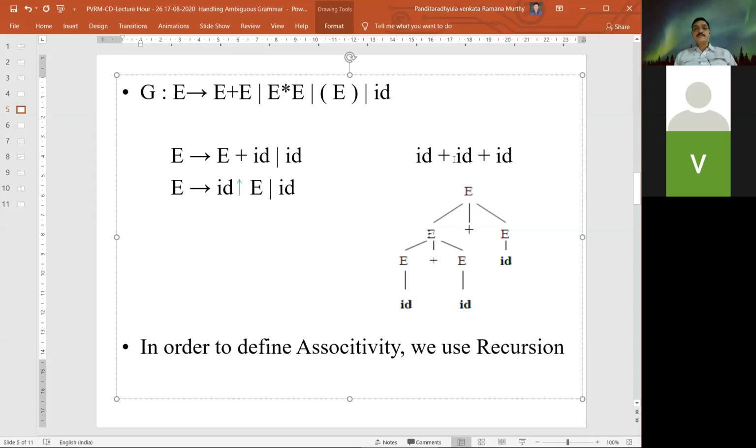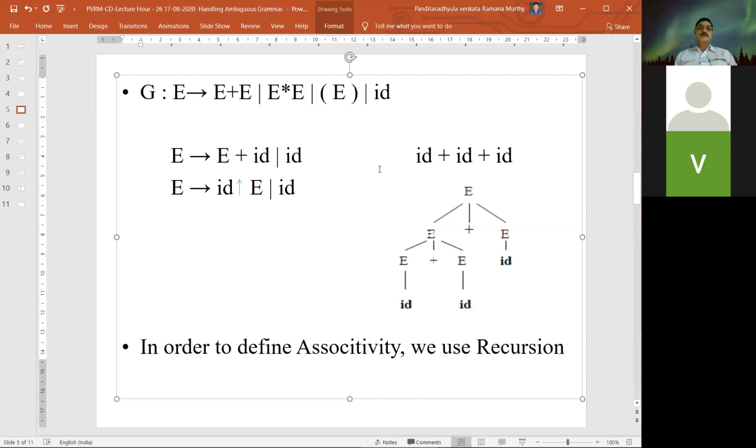It is nothing but the grammar has to contain left recursion only. It should not have right recursion. What is the meaning of left recursion? The grammar always expands towards the leftmost symbol, using the leftmost symbol.